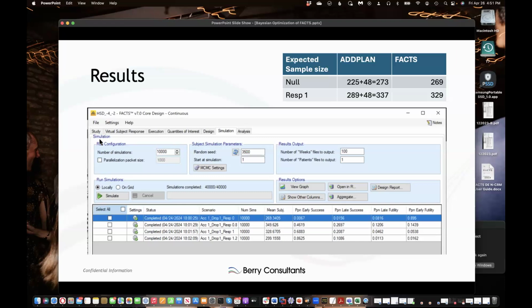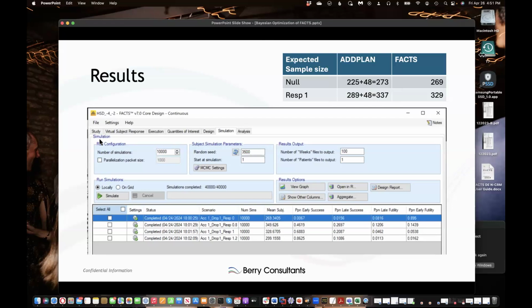And as we have a time to endpoint of 12 weeks and an accrual rate of 4 per week, that means we expect roughly on average to have an additional 48 subjects at any interim who haven't been included in our plan's estimate of the sample size.